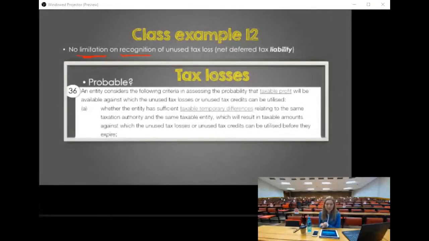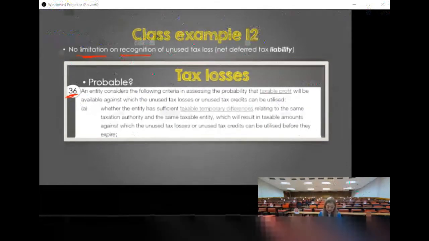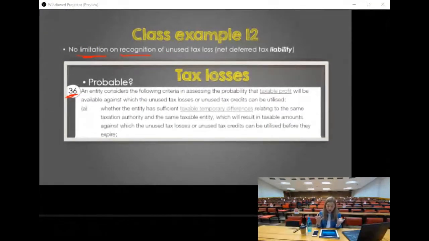If we think back to our lecture on Thursday, in paragraph 34 with a limitation, we were told that we can only recognize a deferred tax asset to the extent that it's probable that we are going to get these future benefits. And paragraph 36 tells us how we decide if it is probable or not.